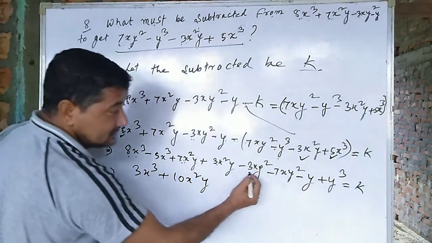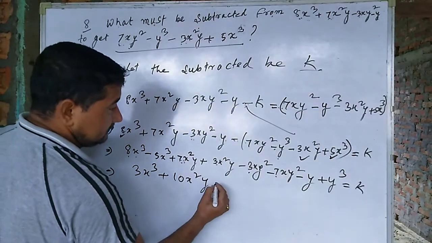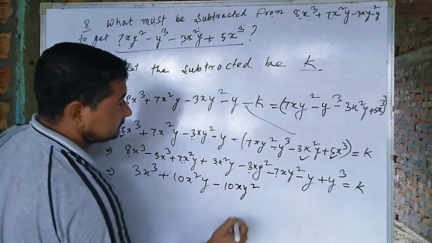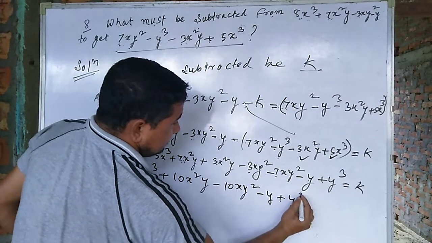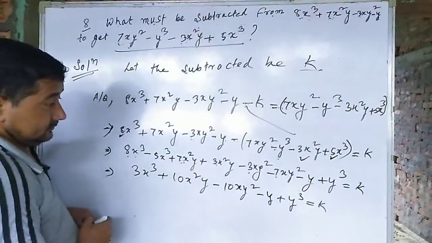And this one, minus 3 minus 7, how much? Minus 10: minus 10xy square. And here minus y plus y cube is equal to k.